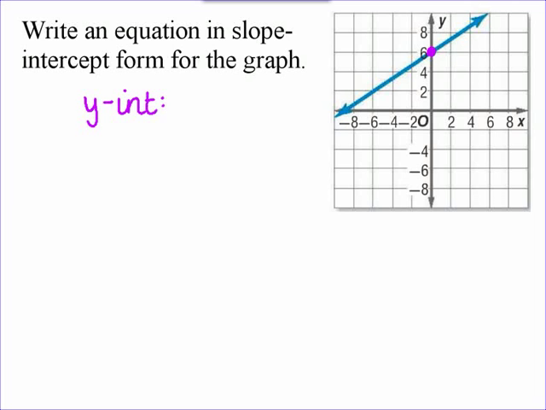So there's half of my answer, believe it or not. Because if you remember, the equation in slope-intercept form was y equals mx plus b. And so I have now just found b. I have found that b is 6.